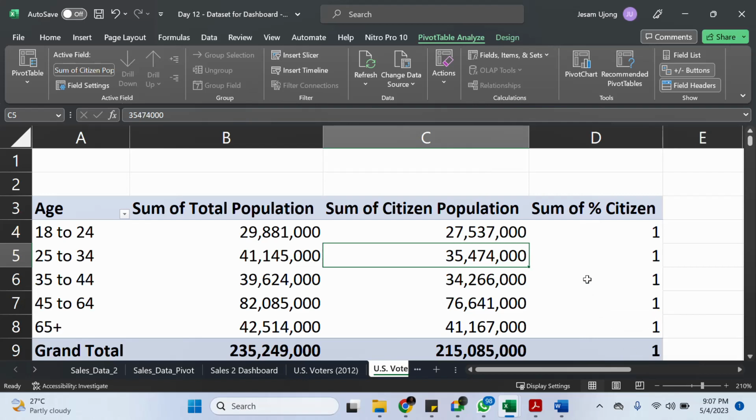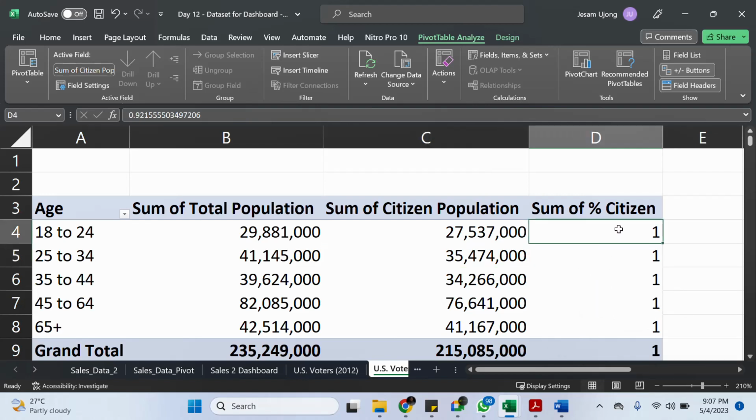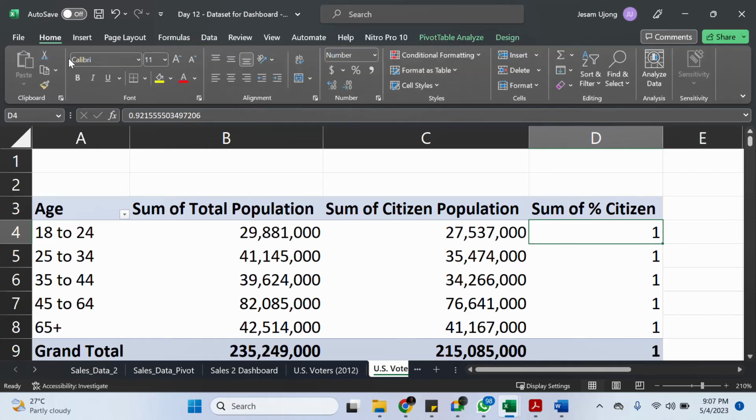So what this has done is the division, percentage citizens for all of them, and it's part of this pivot. Why this shows 1 is because it has approximated to one decimal place.